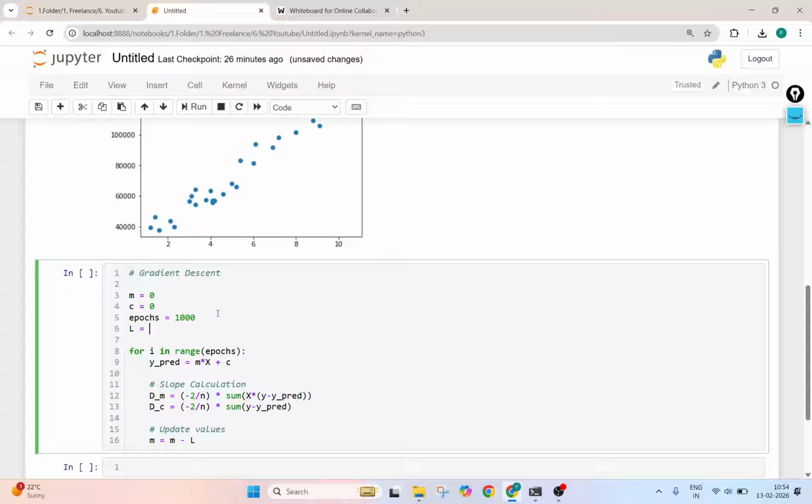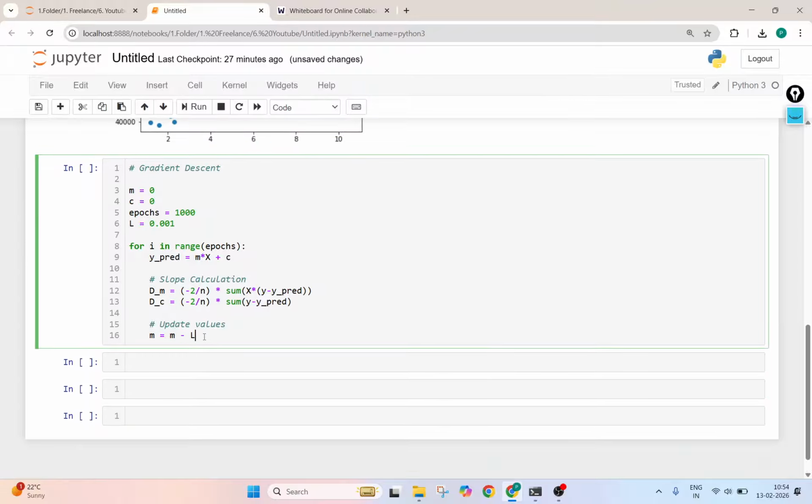So learning rate, let's say I take 0.001. Okay. So m equals m minus learning rate into dm.